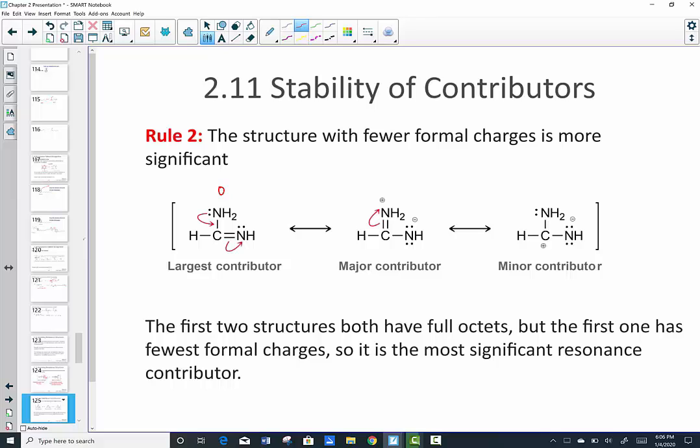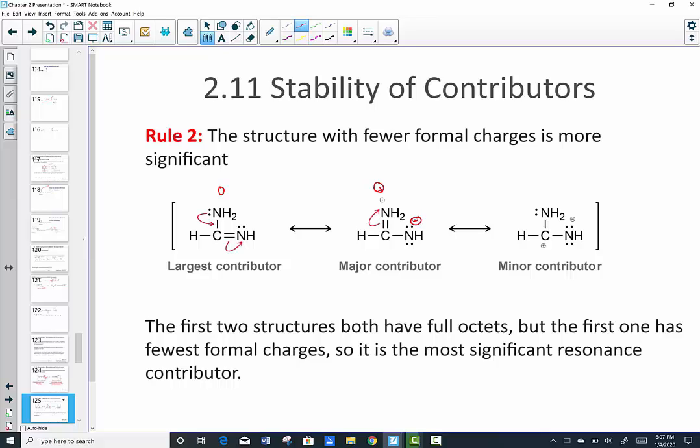If I have formal charges, on the nitrogen here a +1, over here the nitrogen a -1, it is a valid structure because all are obeying the octet rule. And the nitrogens kind of balance one another out. I have a +1 on one and the negative on the other, so overall it's 0. And that's okay. That's a major contributor.